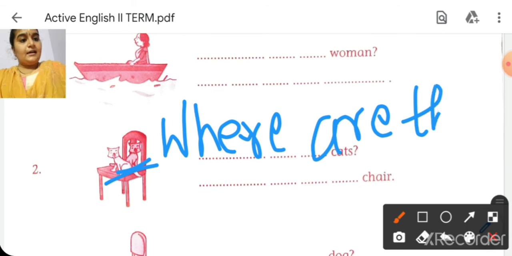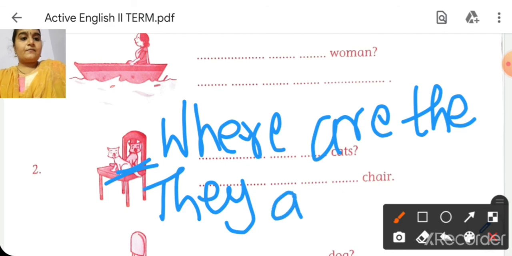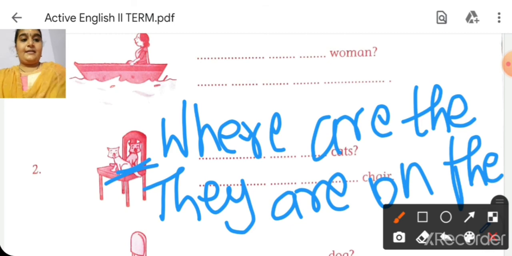Where are the cats? They are on the chair. They are on the chair. Okay? Yes. So you write this one also. Okay, children? Will you all write it?